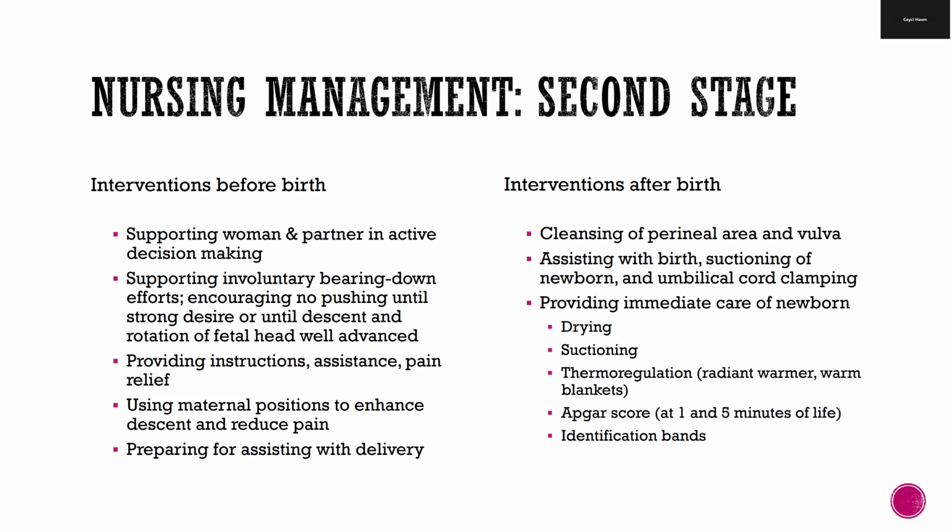After birth, you're going to be cleaning the perineal area and the vulva, assisting with the birth process by suctioning the newborn, maybe even getting an APGAR score, umbilical cord clamping if needed, drying, suctioning the newborn right at birth, placing the baby skin to skin with warm blankets over it for thermal regulation, or assessing if the baby is not well enough to do skin to skin yet and going straight over to the radiant warmer.